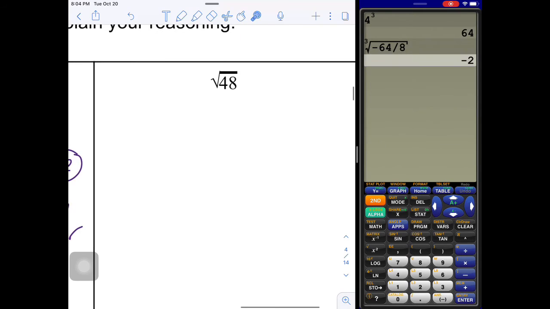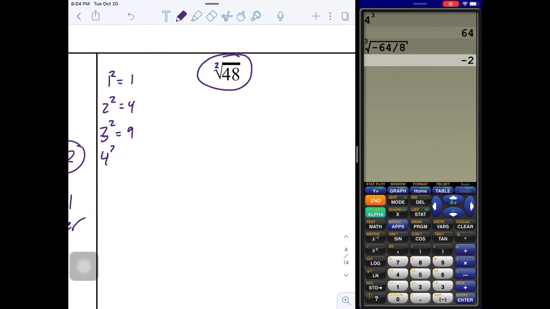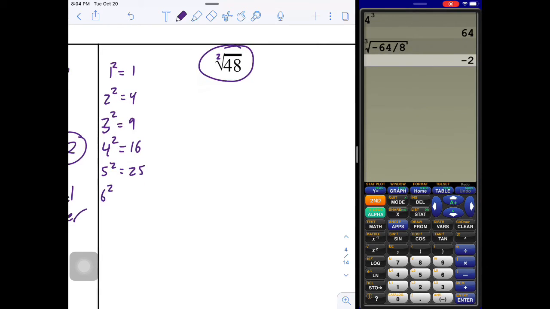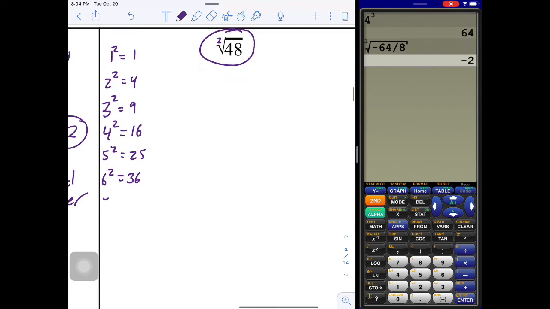Now let's see root 48. So root 48, well, let's think about, remember, if there's nothing there, it's a square. So 1 squared equals 1, 2 squared equals 4, 3 squared equals 9, 4 squared equals 16, 5 squared equals 25, 6 squared equals 36, 7 squared equals 49.